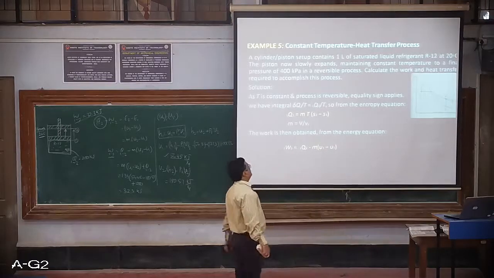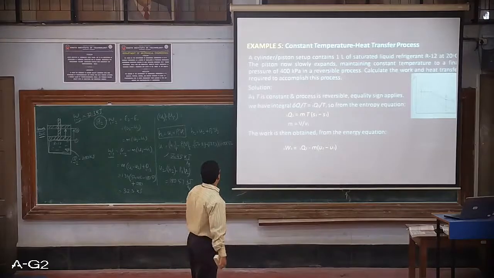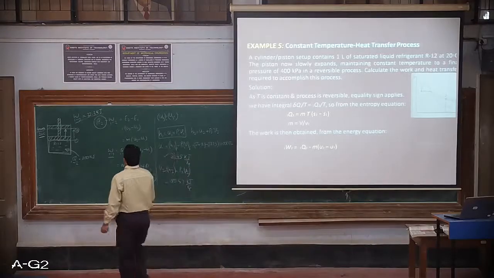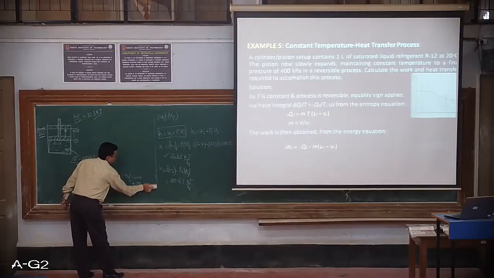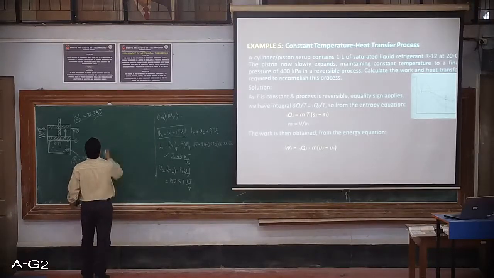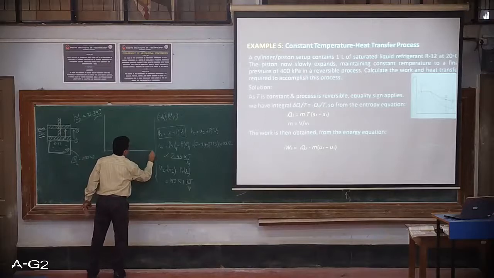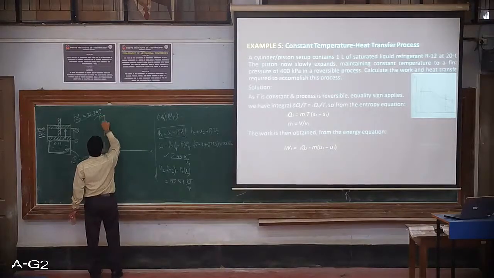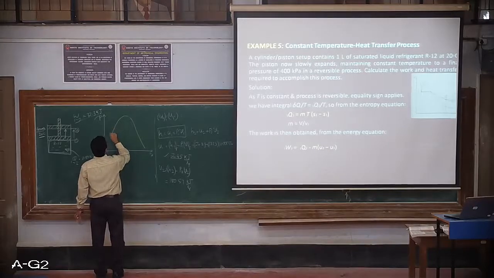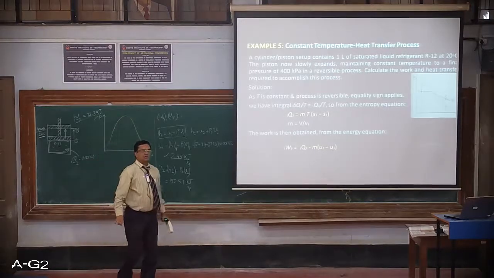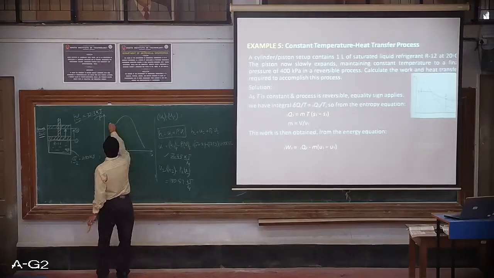Now these are the PV and TS diagrams. So let's locate the states on the PV and TS diagrams. How to understand the property diagrams: on the PV diagram there is the saturation dome. It is already stated that it is a saturated liquid, so my state point 1 would be here.